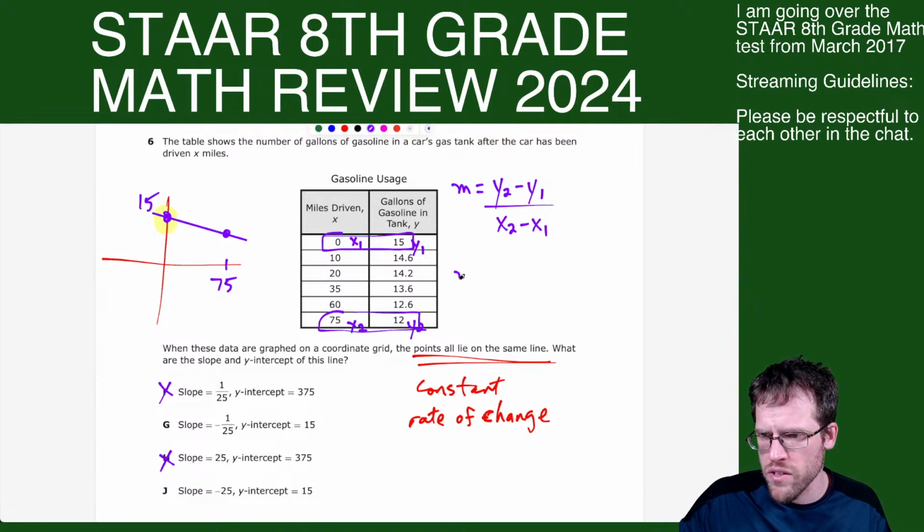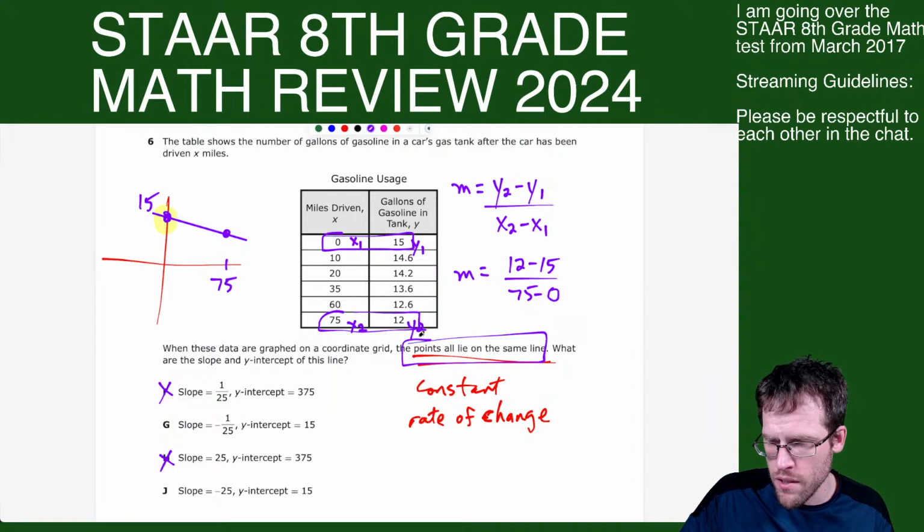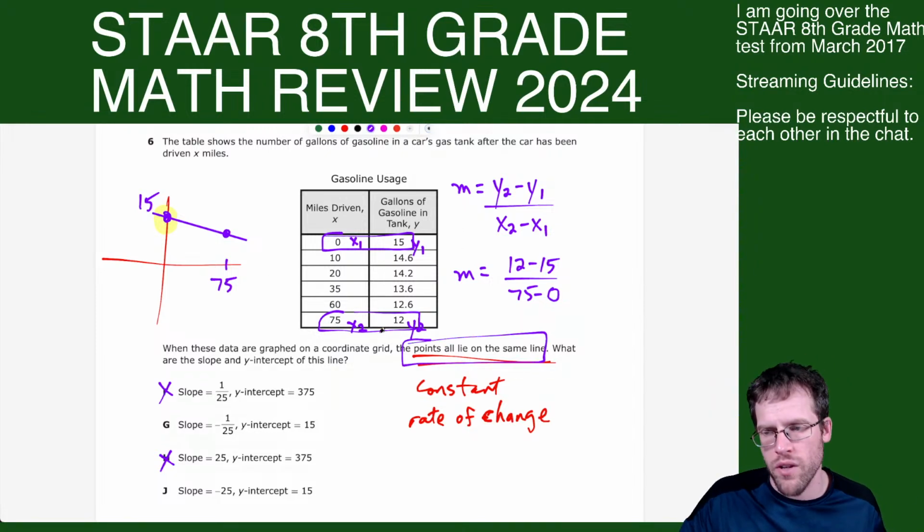If I run these points through the slope formula, I'm going to have 12 minus 15 divided by 75 minus 0. And the nice thing is the fact that the points all lie on the same line means that these points all form a straight line. And that means we could just do this using the slope formula. I could pick any 2 points, but I picked the ones without decimals because those are the easiest to work with.